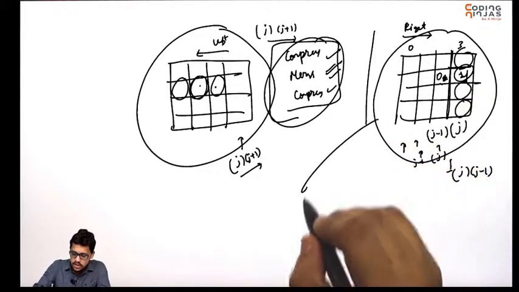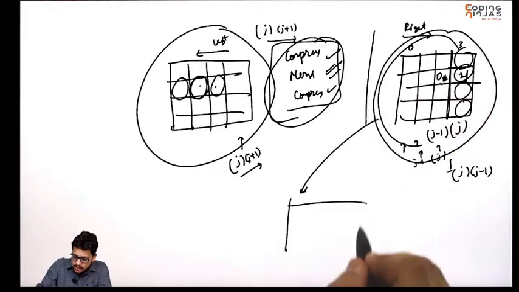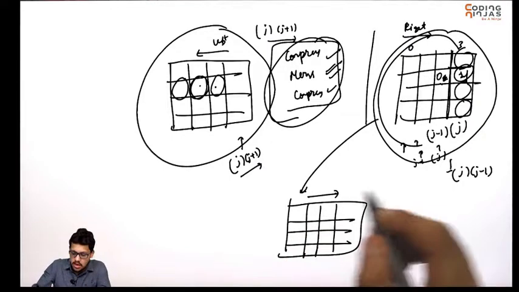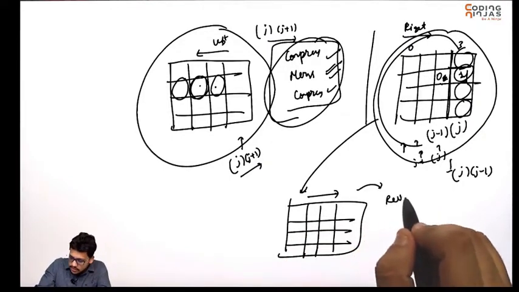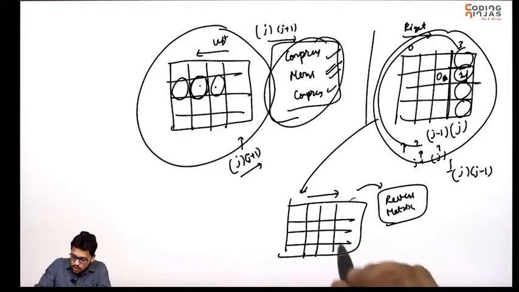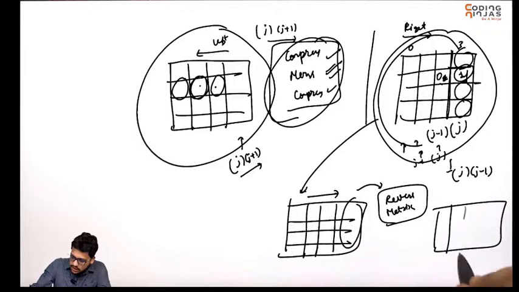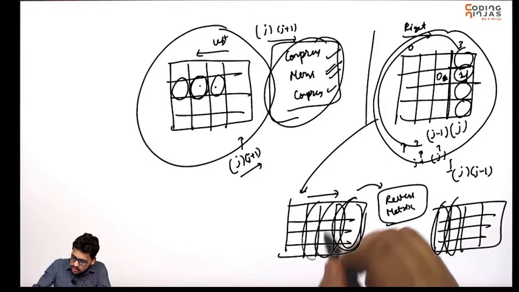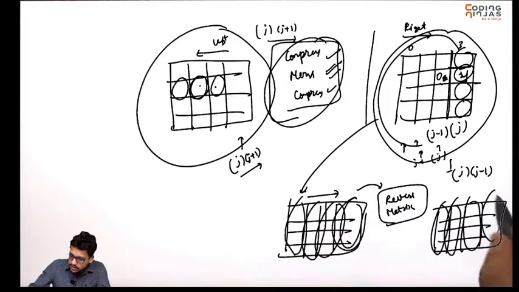What we can do is, if you want to make a right move in a matrix like this, I will reverse this matrix initially. Now all of these elements will come like this. This is this, this is this, this is this, and this is this.